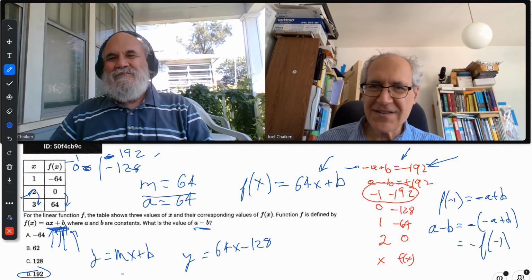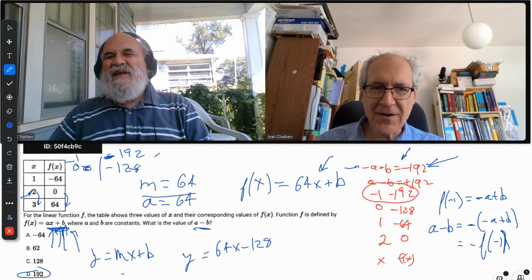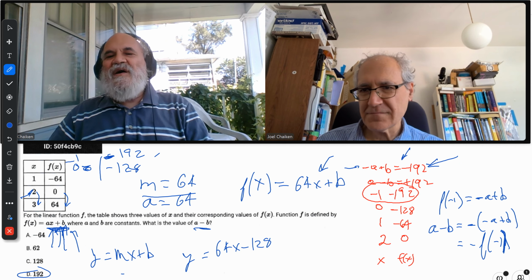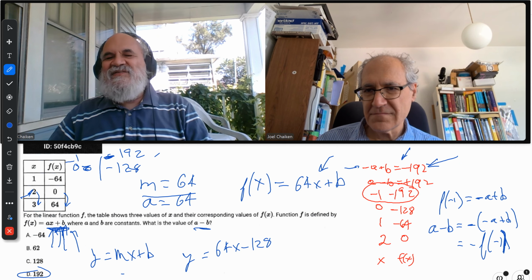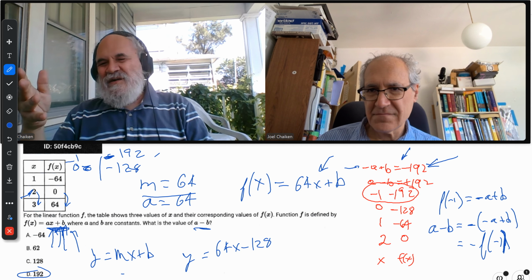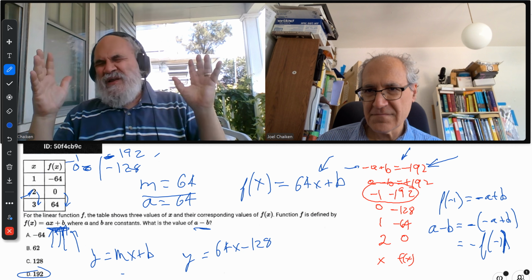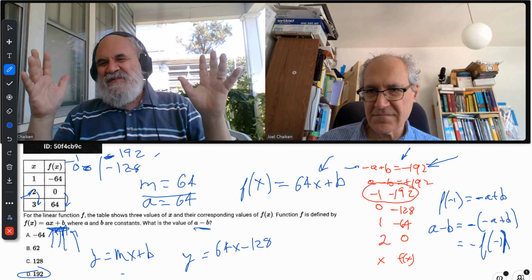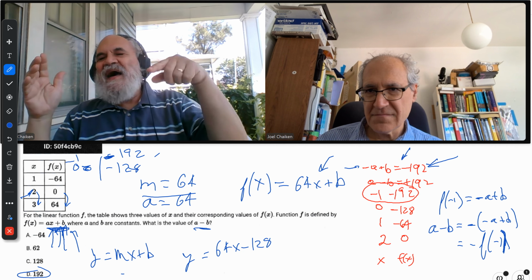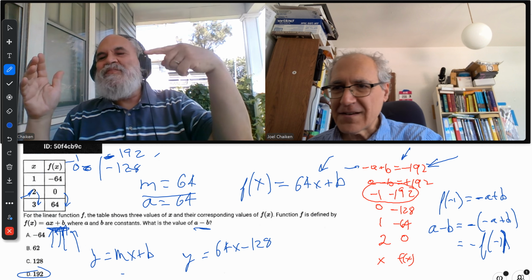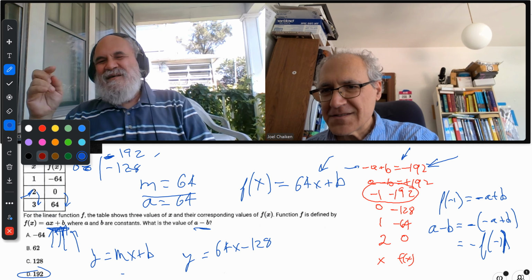Yeah, we already did this method. I know we already did it, but my approach is that instead of fussing with figuring out what the slope is, you use a pattern. I did that here.